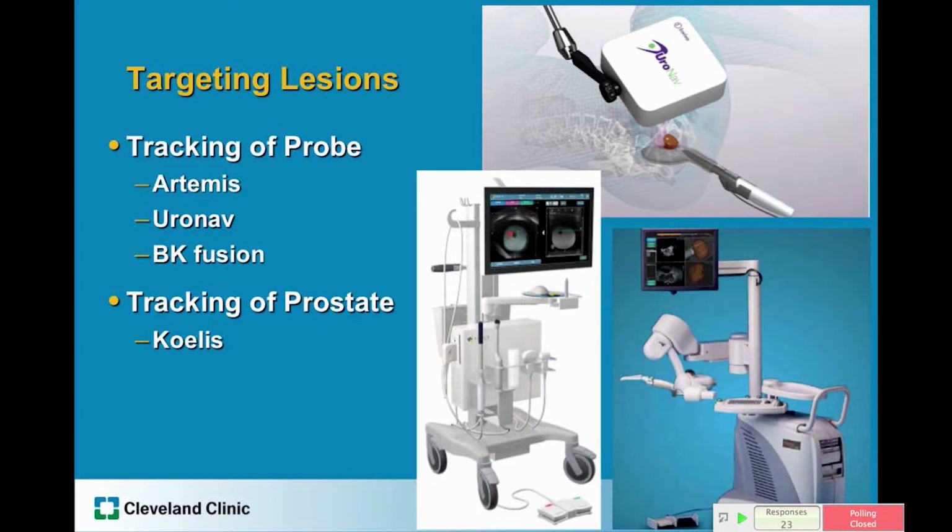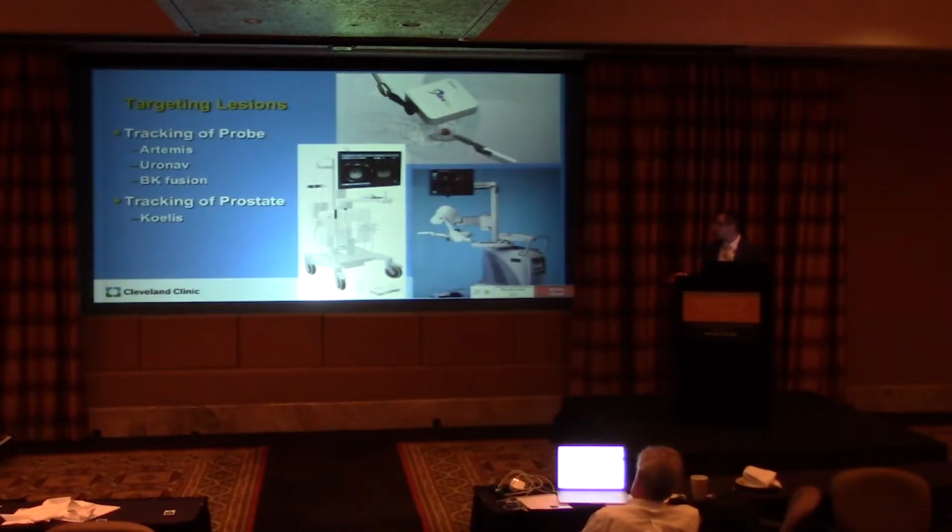These technologies either track the probe with GPS, such as the UroNav or BK systems, where you have this device that hovers over the hip of the patient and keeps track of the ultrasound probe in three-dimensional space, or the Artemis system, which has a robotic arm which keeps track of the location of the ultrasound probe, or the Koelis system, which takes actually the prostate location in 3D space into account.